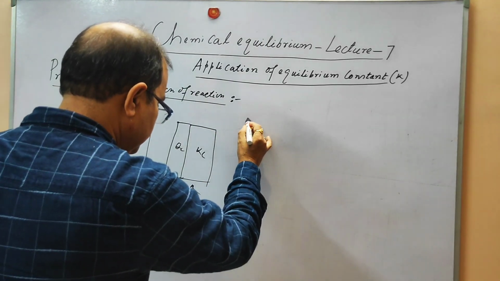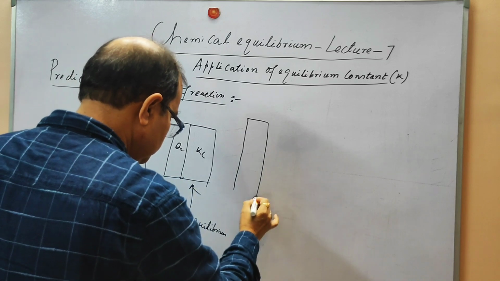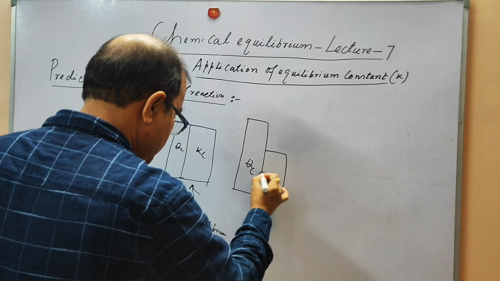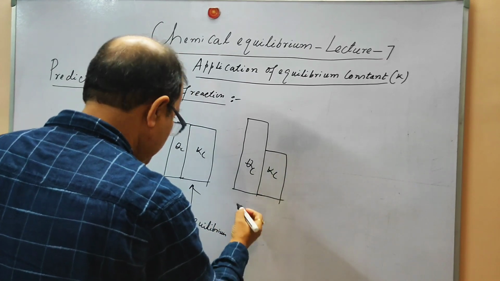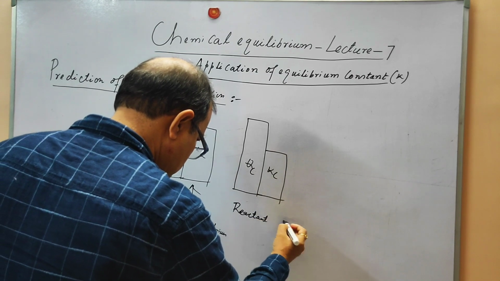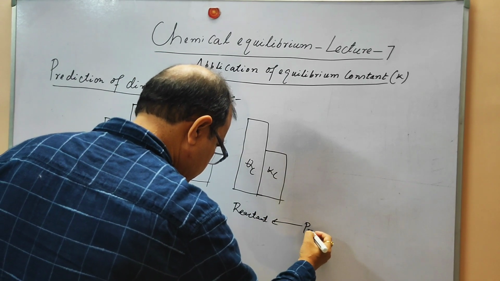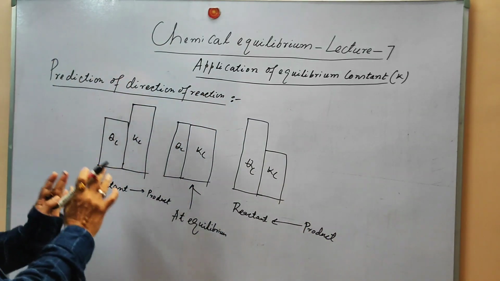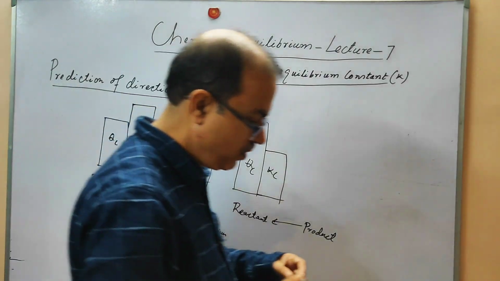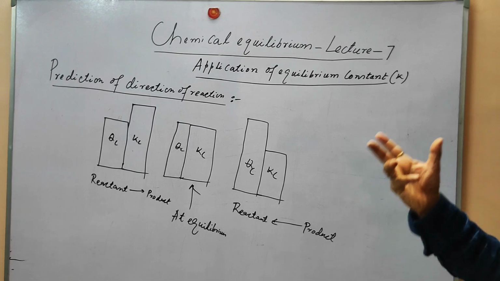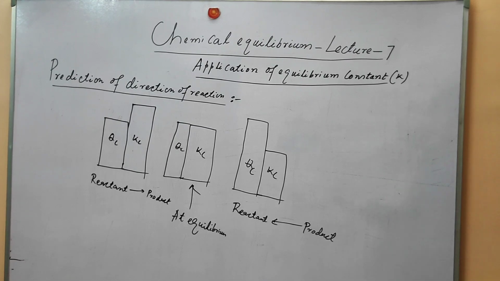And that is the third thing: Qc and Kc, product to reactant on the reverse direction. So you can summarize what we have discussed here, how from the reaction quotient Qc and from Kc we can predict the direction of the reactions.